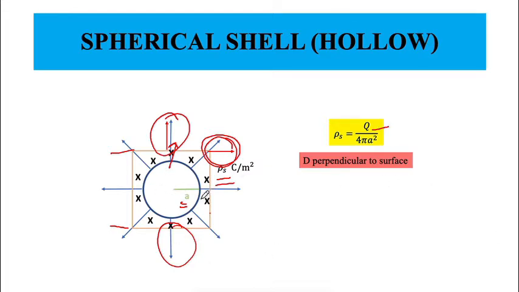The whole point of using Gauss law is to minimize the effort that you are going to put in integration, and you can do that provided you choose a surface in which D is perpendicular to the surface, so that the dot product between D and ds can be eliminated and it simply becomes a scalar integral.